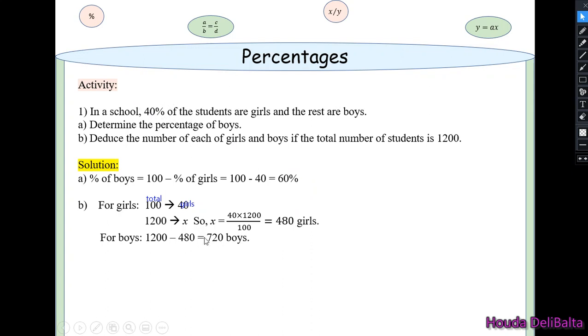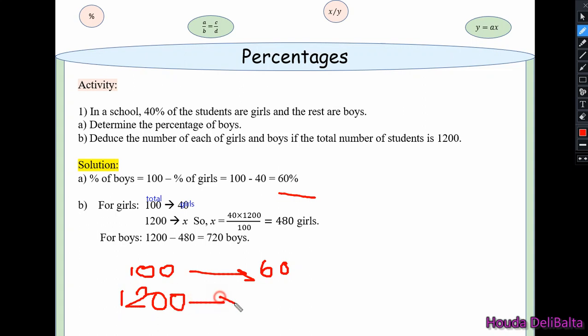Now if you want to use the cross multiplication method, all you can do is write that in 100 there are 60 boys, because the percentage is 60%. Then how many boys do I have if the total is 1200? Using the cross multiplication method, we get exactly 720 boys.